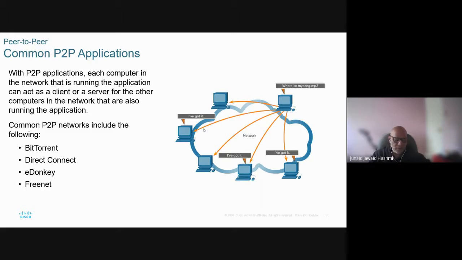So your computer and other computers are both acting as client and server. Well, there's also a server in BitTorrent, but it's not being used to actually store all the data. That's why it was difficult to track before.